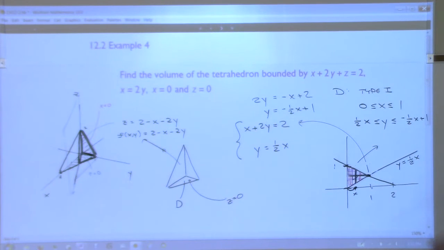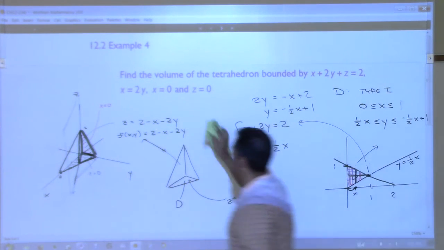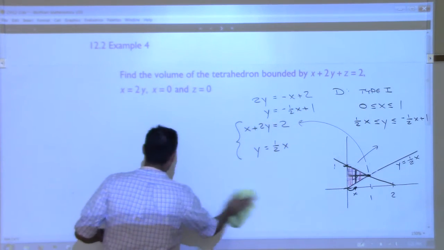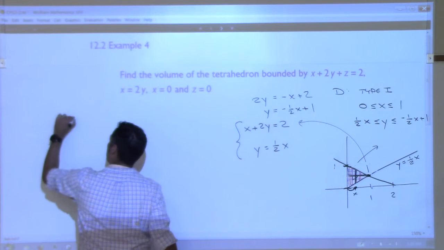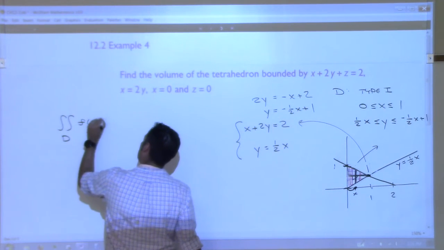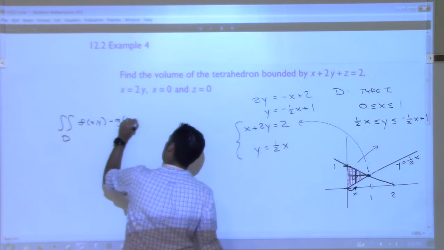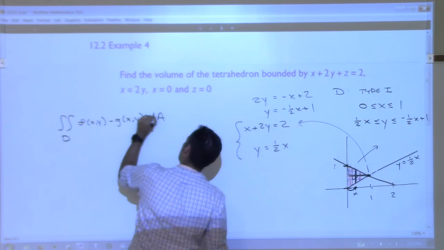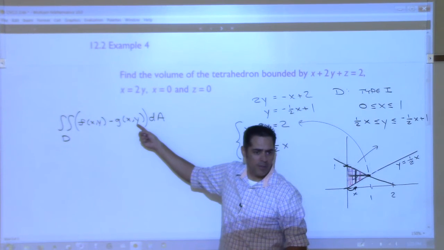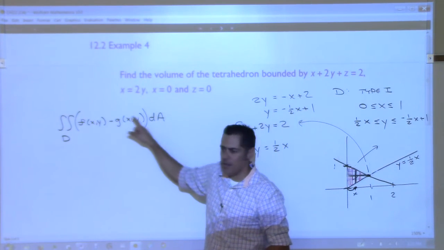All right, so we have our bounds on x and y. Now we set up the double integral. So our double integral should be, remember we're doing the double integral over the domain D of f of xy minus g of xy dA. Top surface minus bottom surface, right? Top surface minus bottom surface.